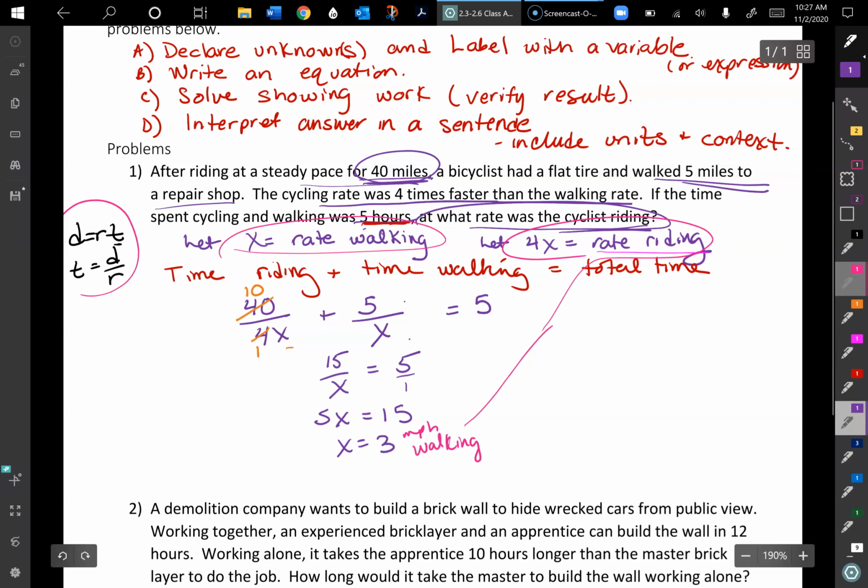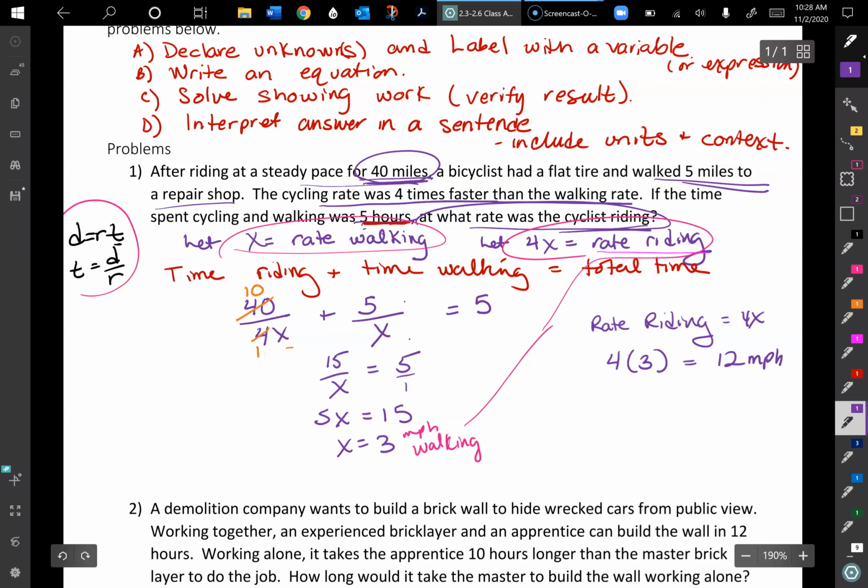My rate for riding is not quite done yet. I have to do 4x, and that would be 4 times 3, so it equals 12 miles per hour.